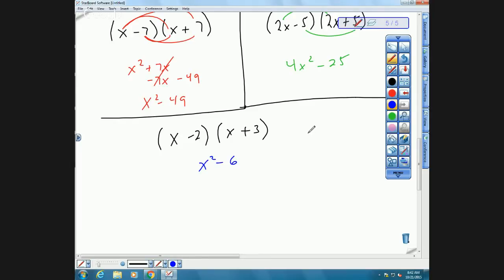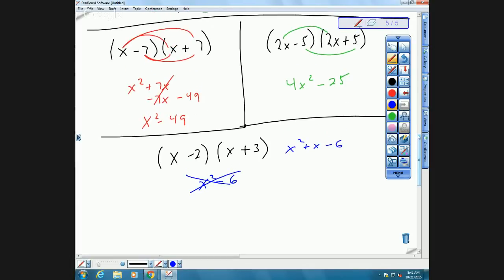And that's not right because you have middle terms there. This one you still have to FOIL out, and you end up getting x squared plus x minus 6. That shortcut I don't even like teaching because you get in the habit of doing that. That shortcut only works when they're exactly the same, just a different sign. One's minus, one's plus.